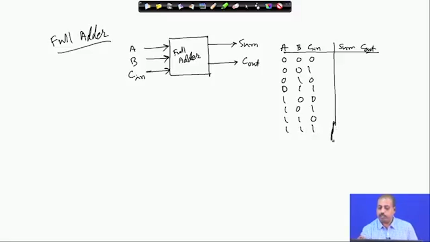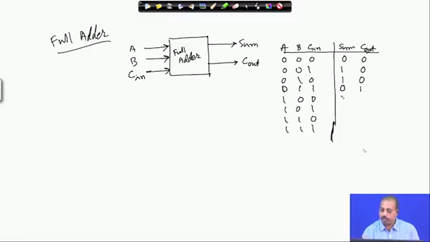Now, for the first, the sum output will be 0, carry will also be 0. Here the sum will be 1, carry will be 0, here also sum will be 1, carry will be 0. Here the sum is 0, but carry is 1, because when you add A, B and C in, 1 plus 1 will be 0 and a carry will be generated. So, carry output will be 1.